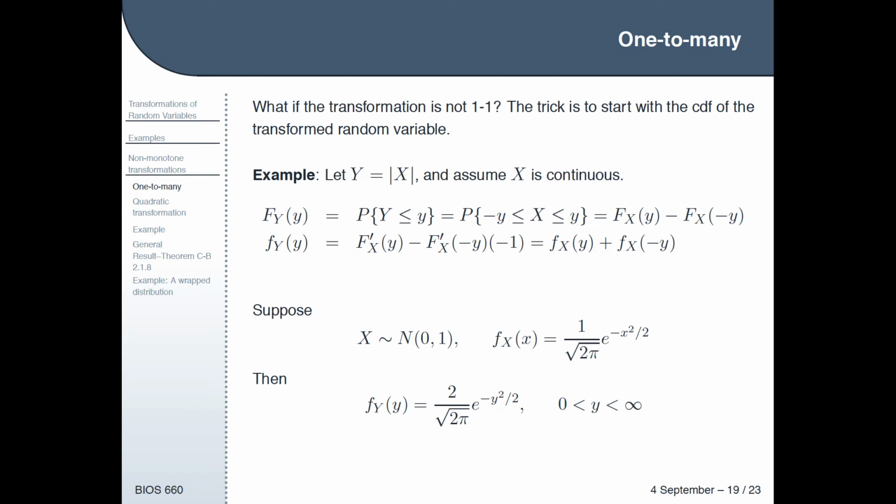In this case, the normal distribution is symmetric, so f sub x evaluated at y plus f sub x evaluated at minus y is just going to be 2 times the density of the original normal distribution. So rather than 1 over square root of 2 pi, it's 2 over square root of 2 pi, but it's otherwise the same. And also, it's only evaluated from 0 to infinity rather than minus infinity to infinity, because obviously the absolute value cannot be negative.